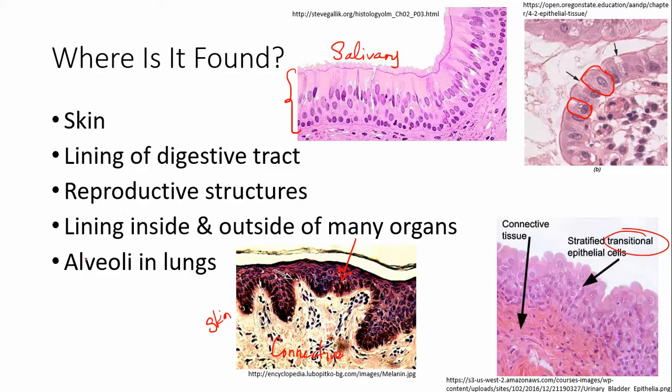And then there are also spots in the alveoli and lungs. These are basically the air sacs that make up the lung tissue, where you have oxygen and carbon dioxide being exchanged. And they're made up of a single layer of thin epithelial tissue. It has to be thin because you want oxygen and carbon dioxide to be able to cross easily.